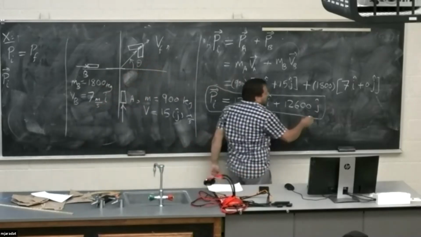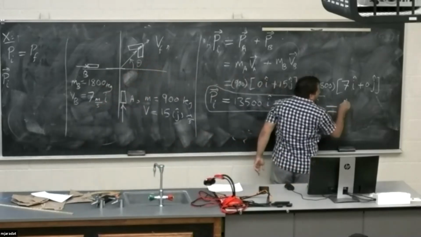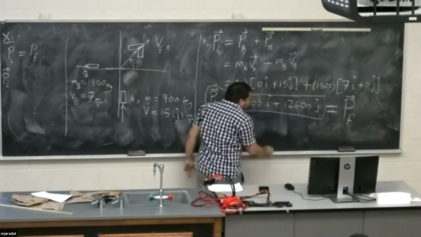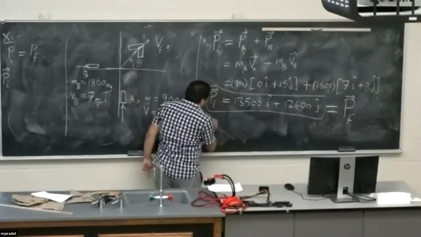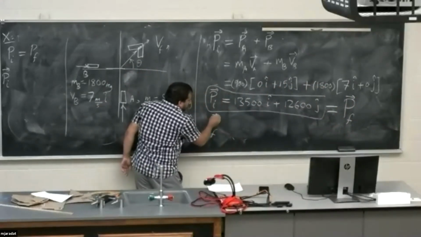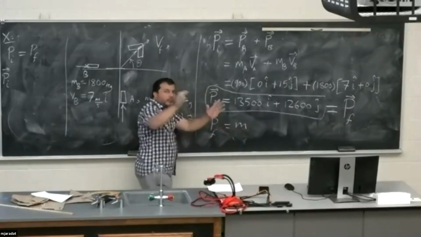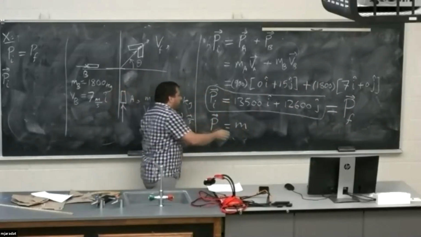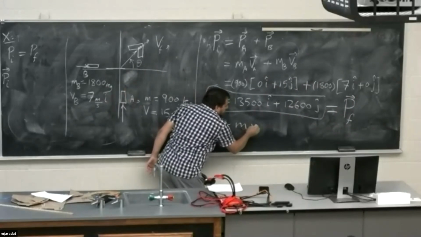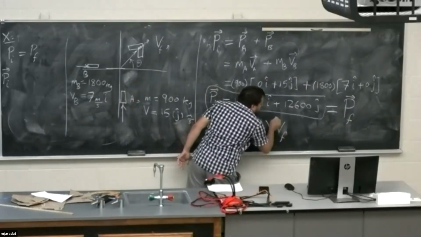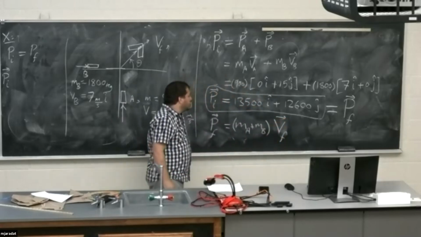This should be equal to the momentum finally, which is equal to the total mass, which is MA plus MB, multiplied by the final velocity as a vector.